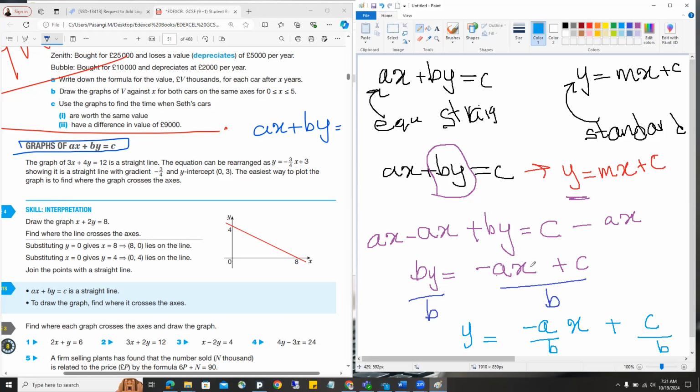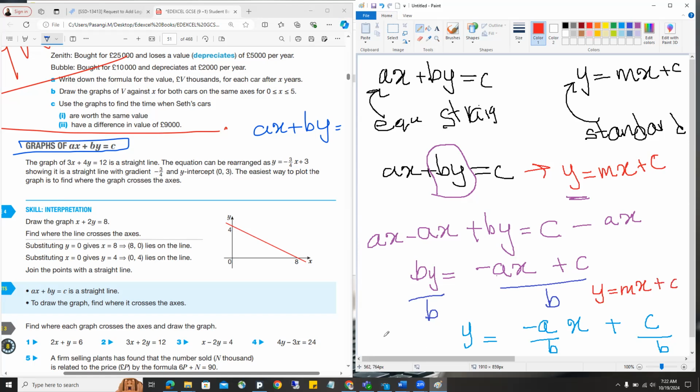Yes, miss. I divided all terms by b. Now, can you hear me properly? Yes, miss. Okay. This is the format of this equation, y is equals to mx plus c.